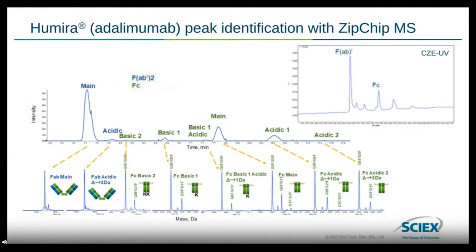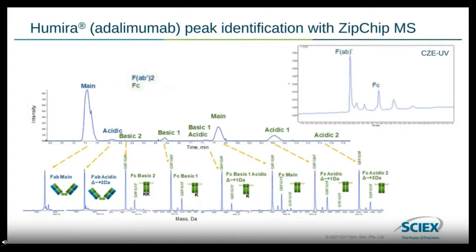And what you can see here is we have the main peak and the F(ab')2 and the Fc regions and the acidic variants for each of those peaks. So for the Fab main and then the Fab acidic, we have a +3 Dalton shift, which is most likely deamidation.